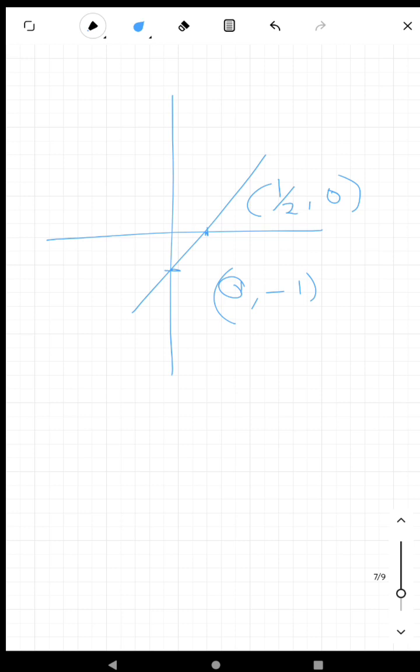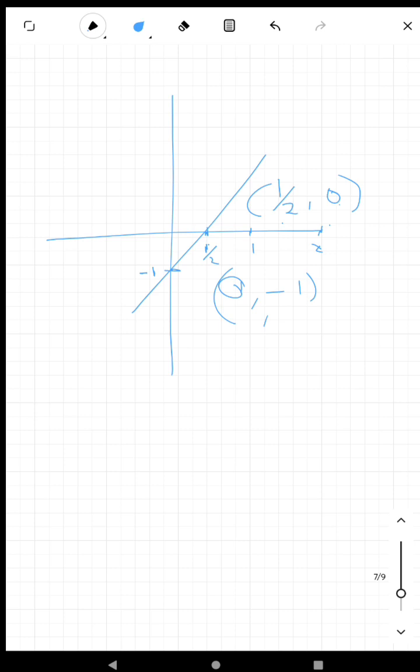So what does this mean? When x is half, y is 0. So this is how the straight line equation looks, a rough sketch.